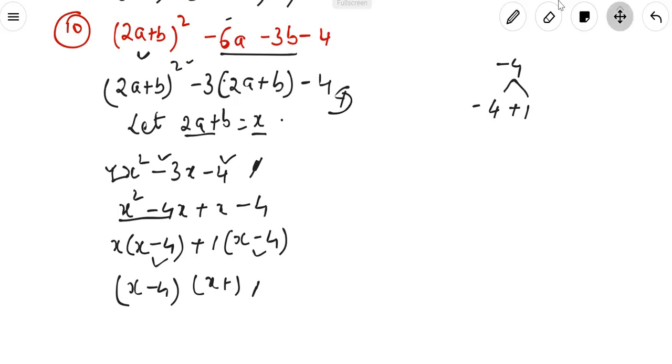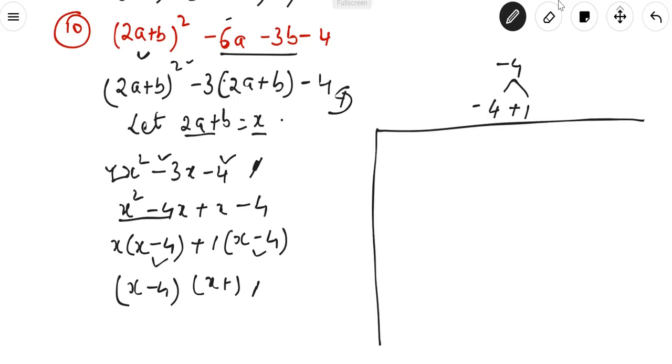But what have we done? We have taken x here common, right? So what will I do? I will substitute the value back, that is the x value as 2a plus b.